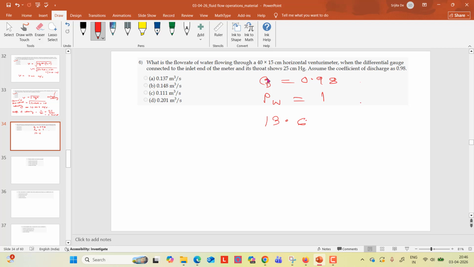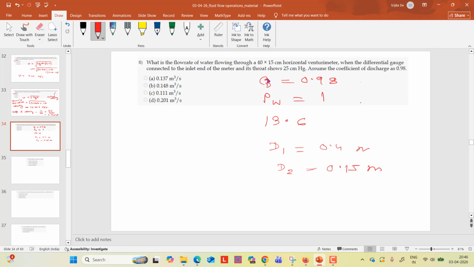Inlet diameter is given as 40. This D1 is 40 centimeter, that is 0.4 meter, and this throat, or section 2 diameter, is 15 centimeter, that is 0.15 meter, right?